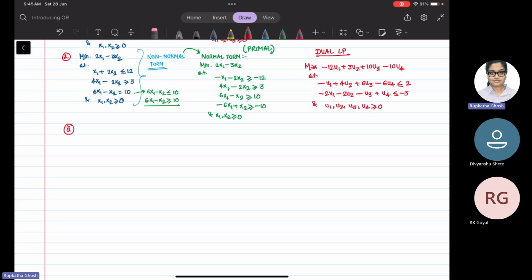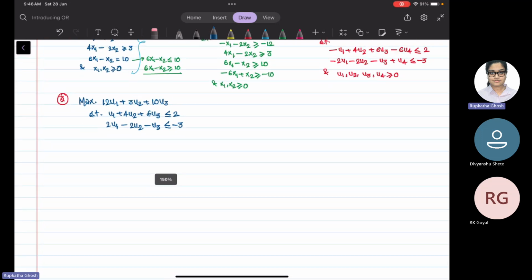Now, let's say there is another kind of problem. Let's say now your primal is max 12 u1 plus 3 u2 plus 10 u3 subject to u1 plus 4 u2 plus 6 u3 less than or equal to 2, 2 u1 minus 2 u2 minus u3 less than or equal to minus 3.